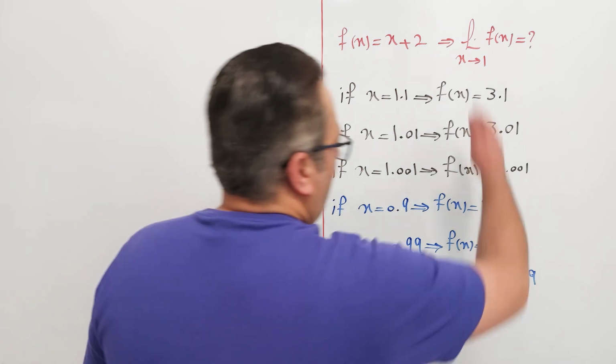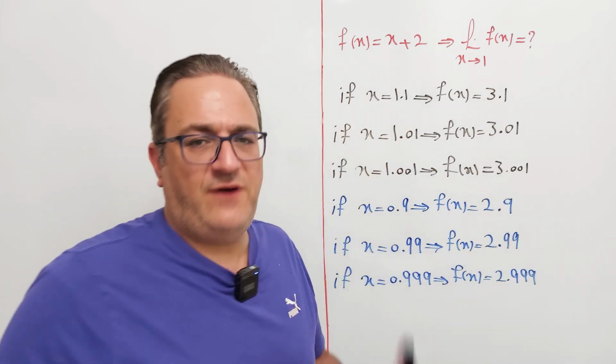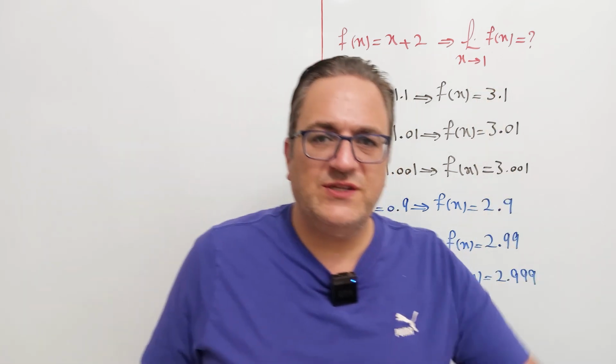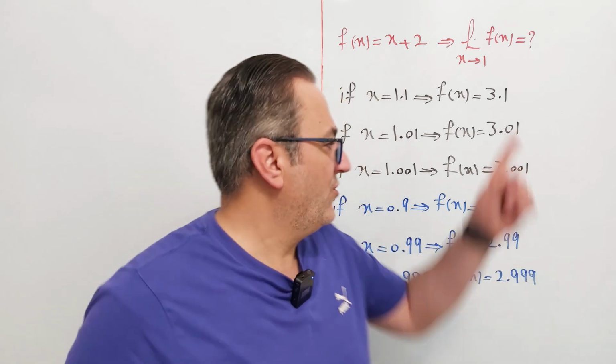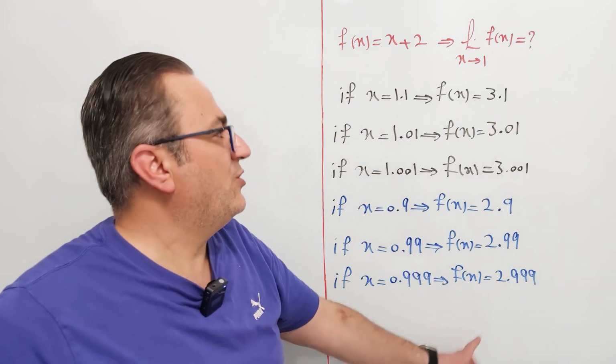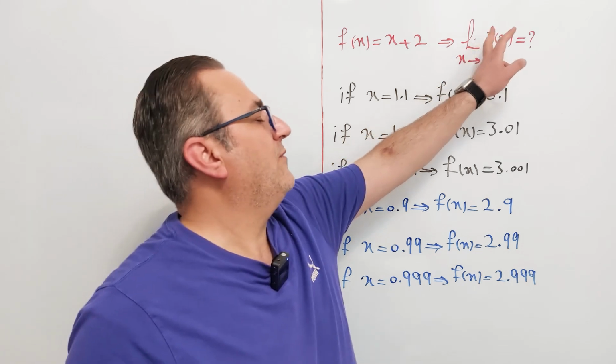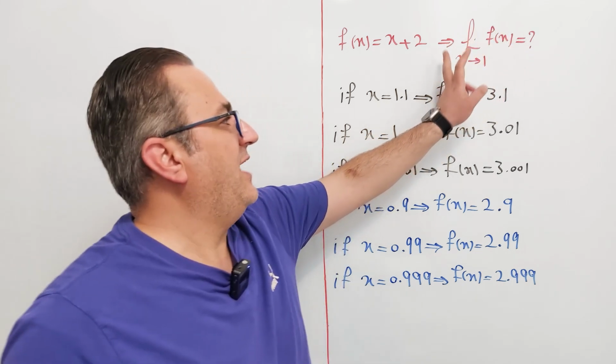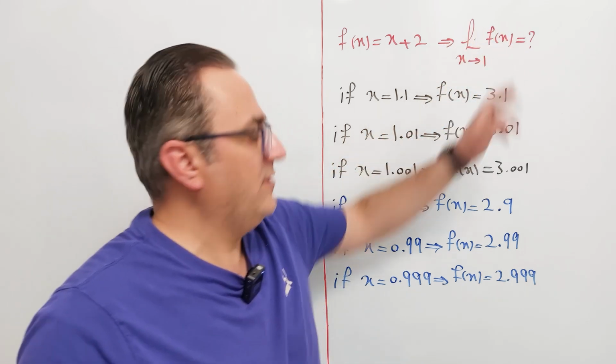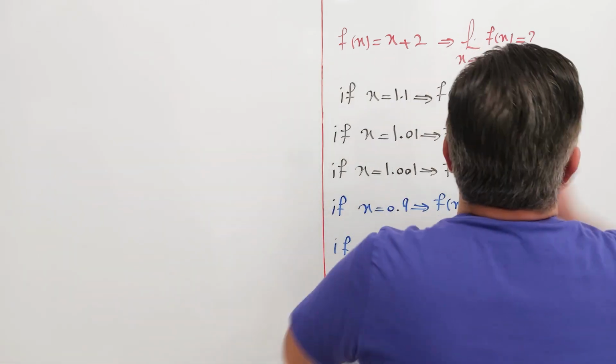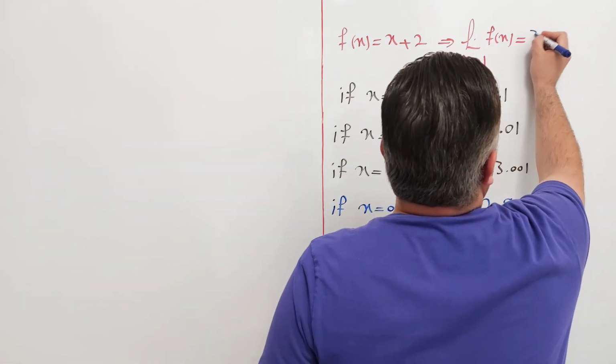So we can see that the values of the function get closer and closer to 3. Okay, so the limit of f(x) as x approaches 1 is 3.